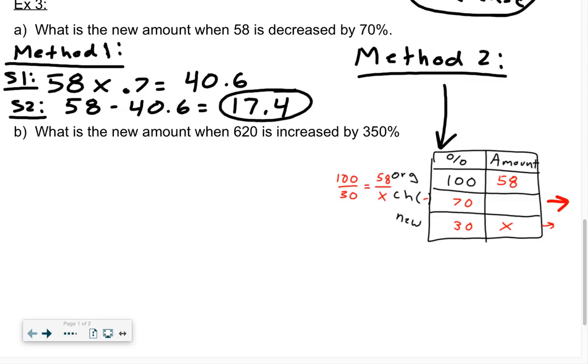If you like the two-step method, that's fine too. When you get an answer, just check with a neighbor.